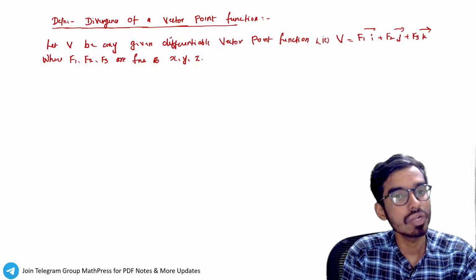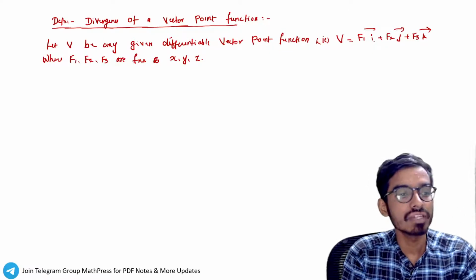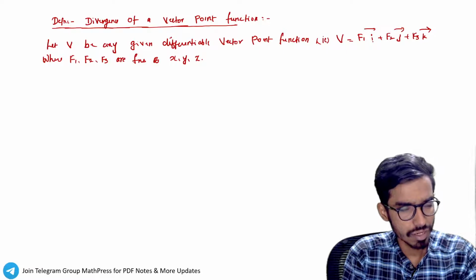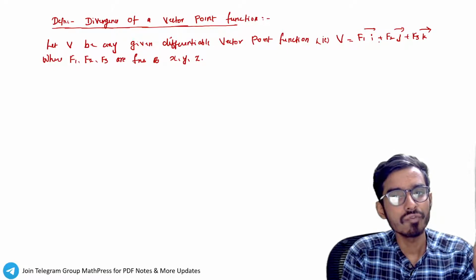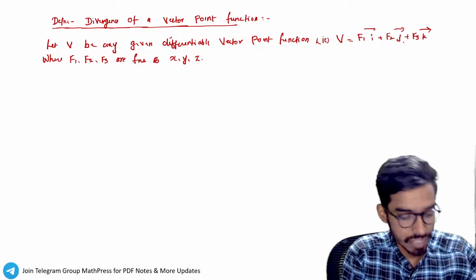Now we take a vector point function and define divergence for it. So v is equal to f1 i plus f2 j plus f3 k, where f1, f2, f3 are functions of x, y, z.